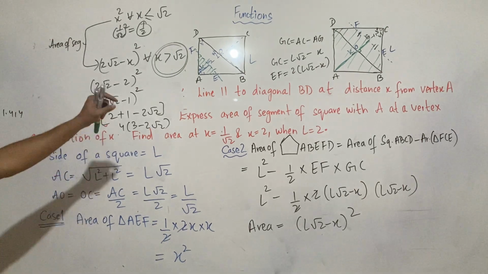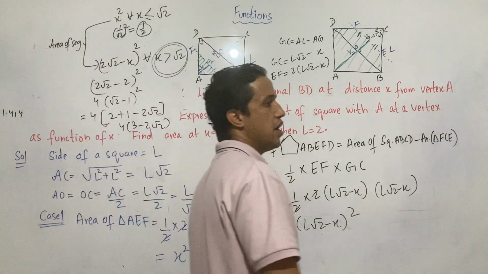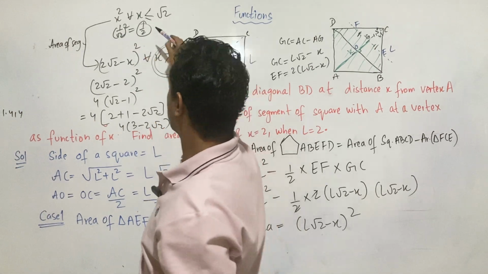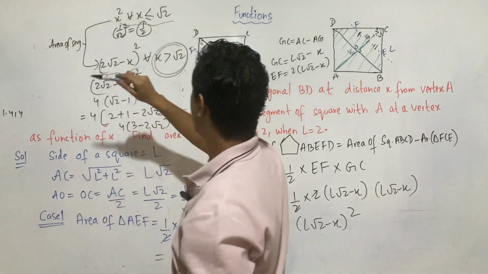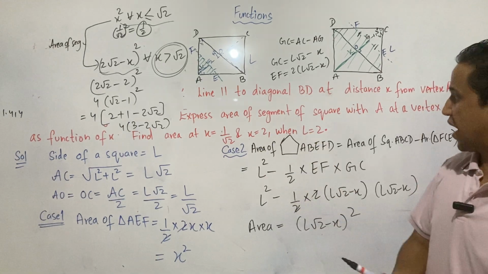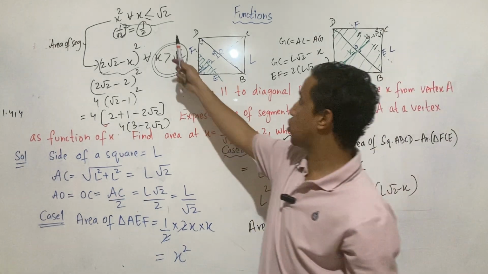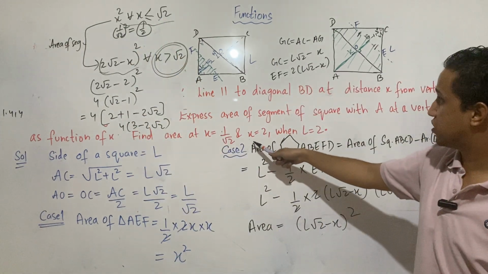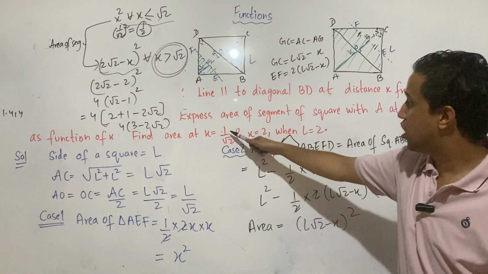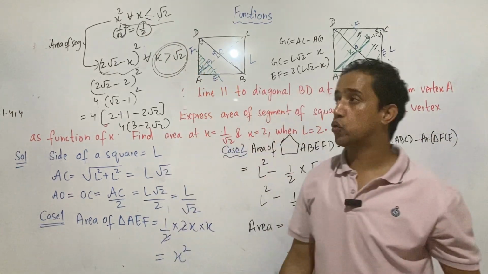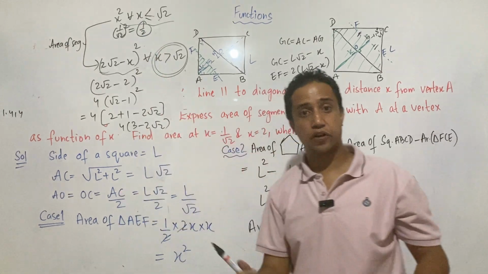Okay, you can simplify it further. But the whole point is that here we got two pieces of the function. Now we need to find area at x equal to 2. So x equal to 2 means they are talking about this domain, and x equal to 1 by root 2 means they are talking about this domain. So we have to use the function according to that.